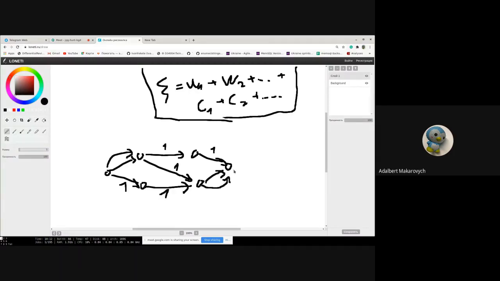And let's say if we pass a flow of amount v, then let's create v edges from t to s. For example, here we pass a flow of 3, so we will create 3 edges.